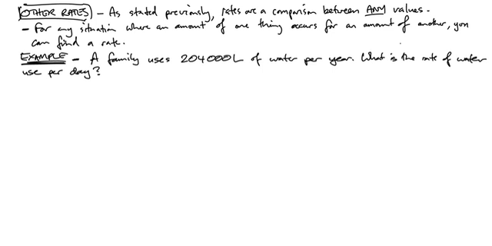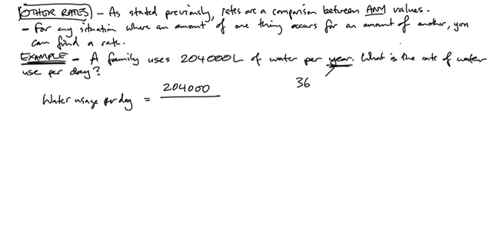So if a family used 204,000 litres of water per year, and we wanted to find the rate of water usage per day, you just have to do the math like below. Okay, water usage per day is going to be the amount of water they used in the year divided by, well, we want to find per day. We just need to work out how many days in a year.